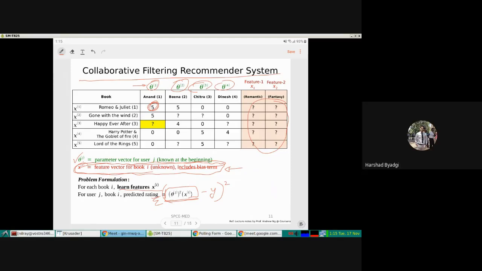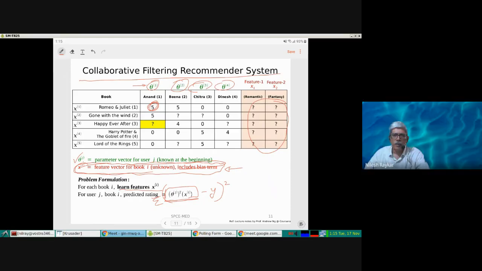Yes, sir, prediction. Yeah, prediction could be higher, so that will get treated in your error minimization term. Yes, that is possible. If your model is distorted, then you may get a higher rating.